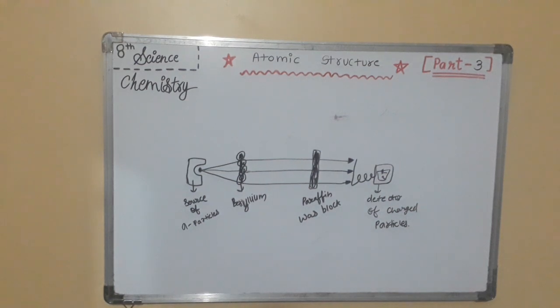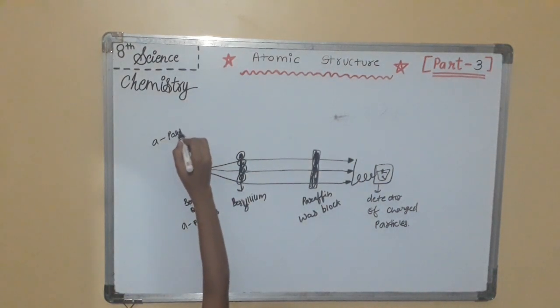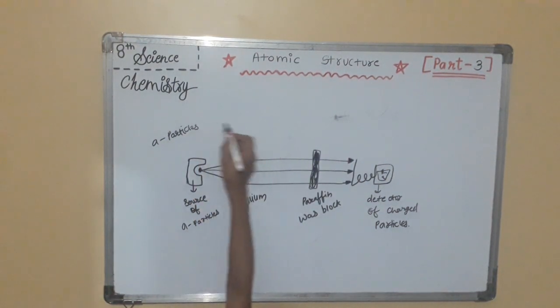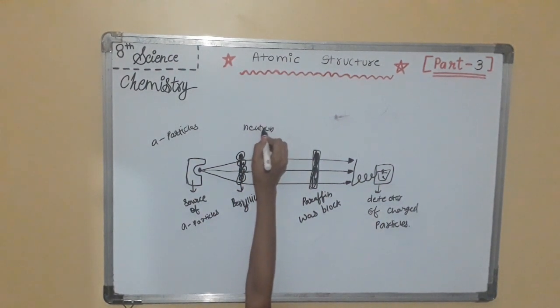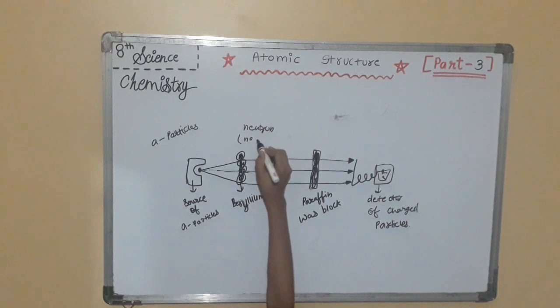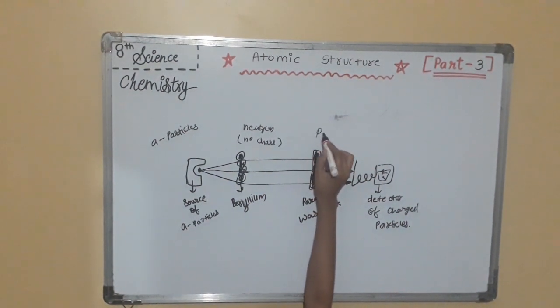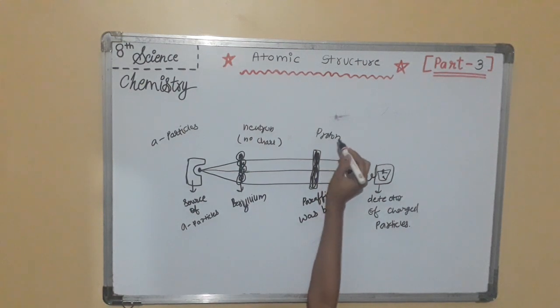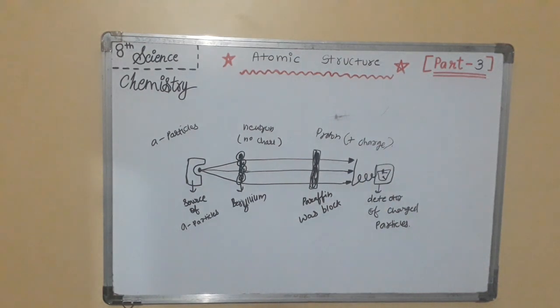After that, alpha particles were there, neutrons that have no charge, and here protons with positive charge. This was the whole structure.